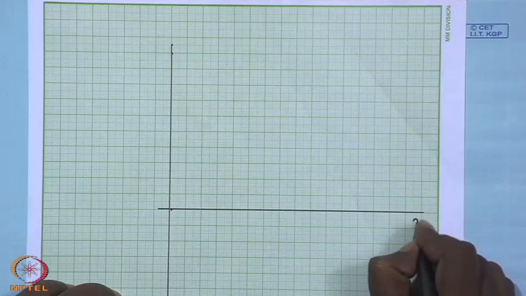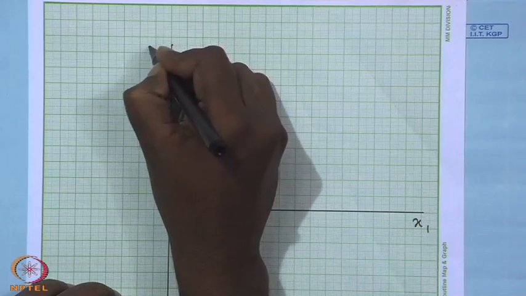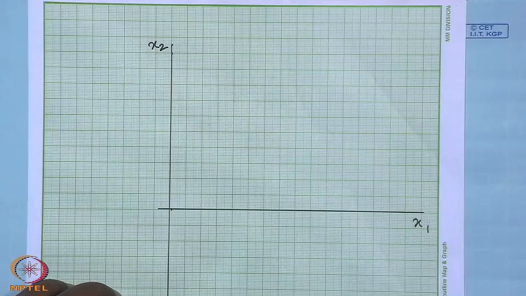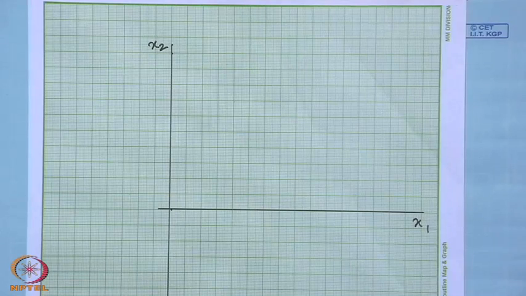So this is the x 1 axis and this is the x 2 axis.